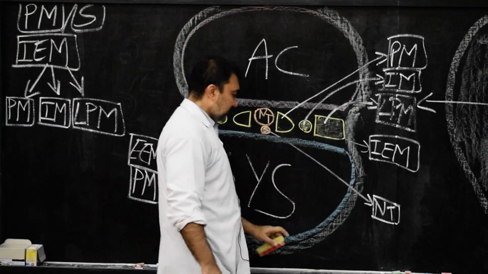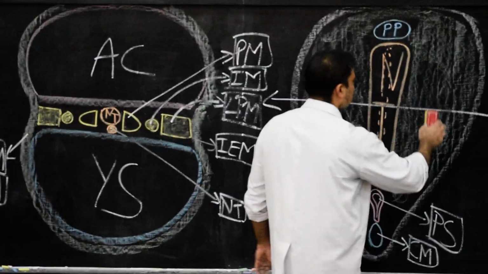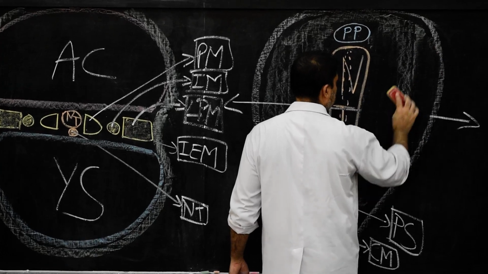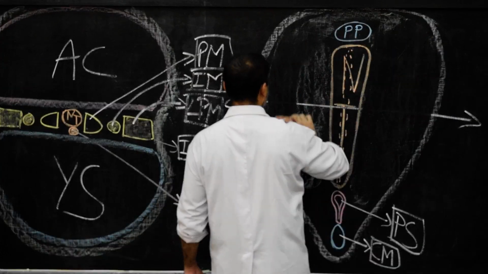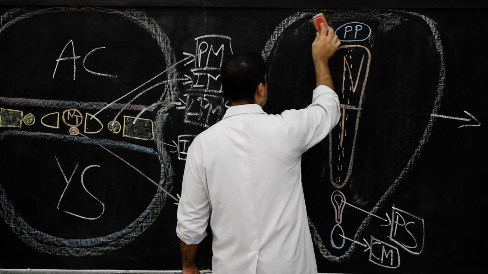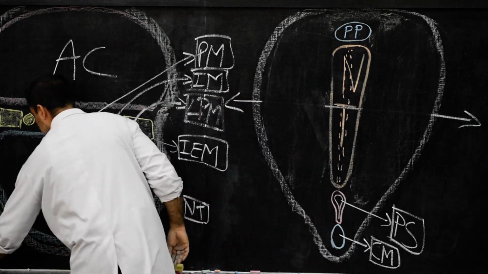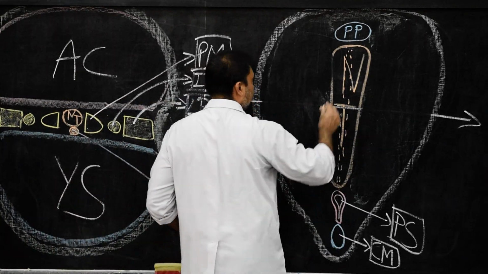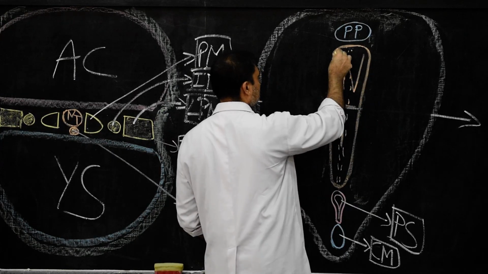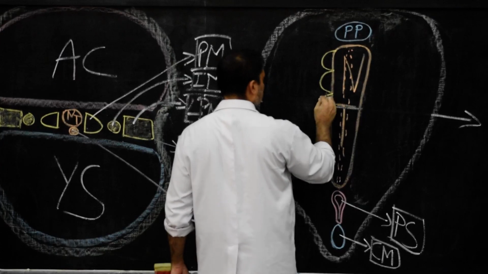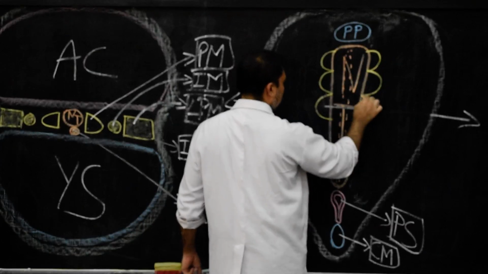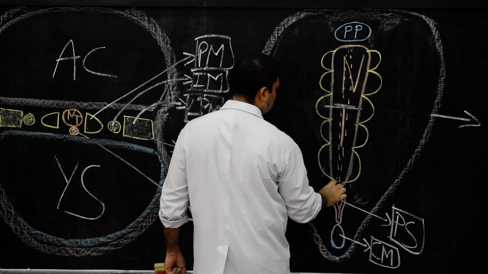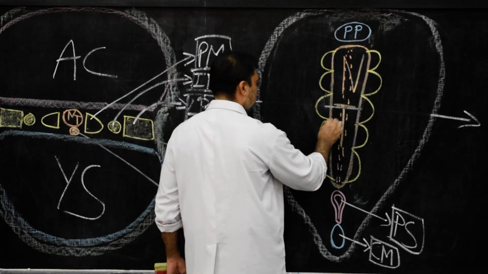Now, please come to this side. Here, in the same way, we are going to show these three different parts. If I rub this intraembryonic mesoderm and show these three different segments, first I will complete this neural tube, and here I am going to show this as paraxial mesoderm. Please draw this as paraxial mesoderm on either side of the neural tube.